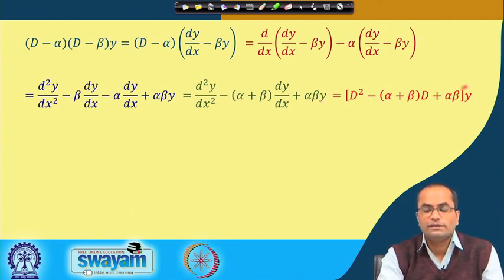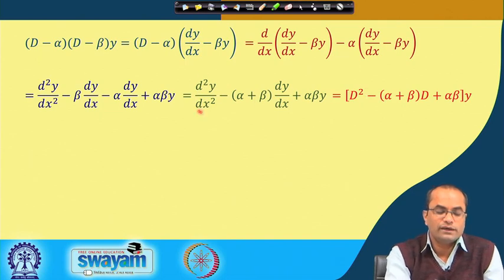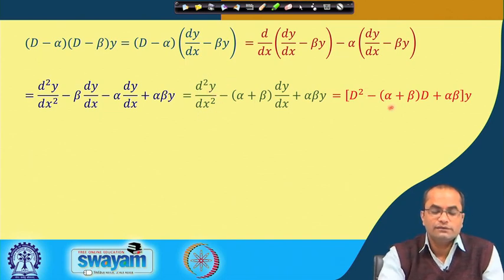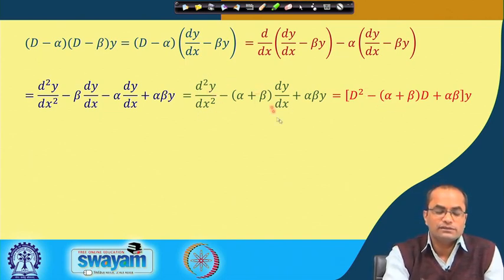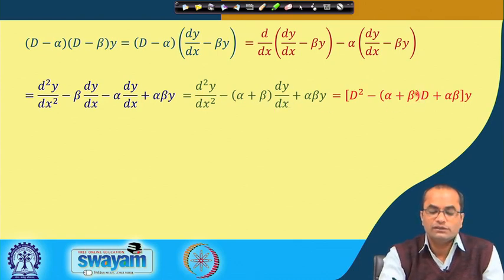If we take y common to the right hand side, we have D square coming from the second order derivative, minus alpha plus beta times D, the first order derivative d over dx, and alpha beta, and y goes to the right hand side of this operator.